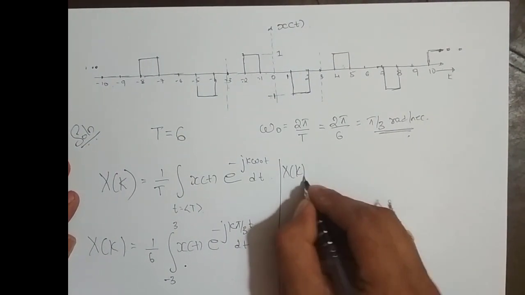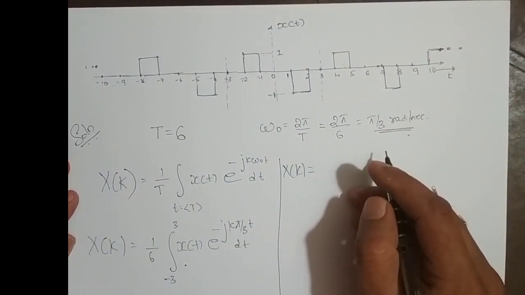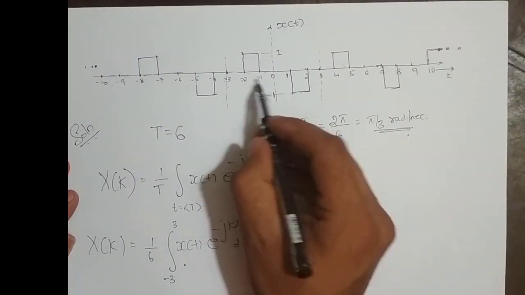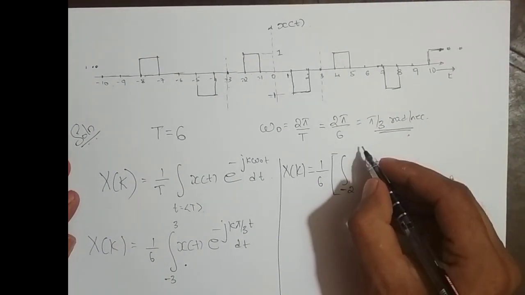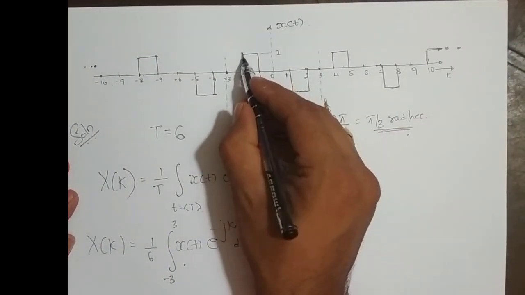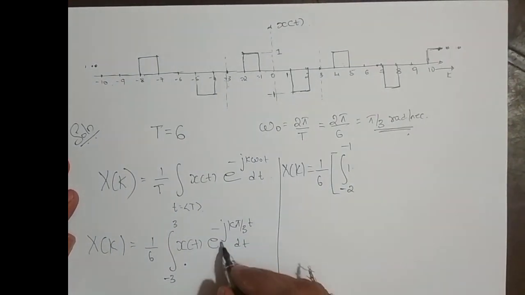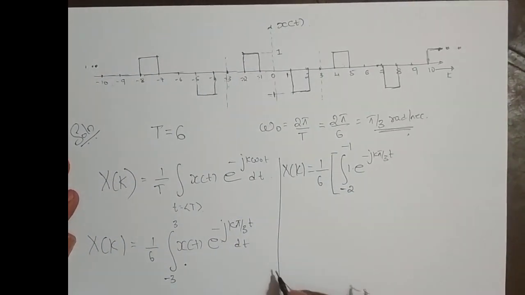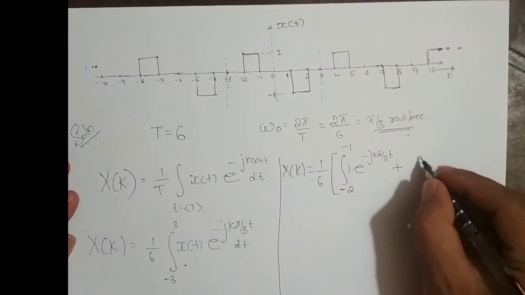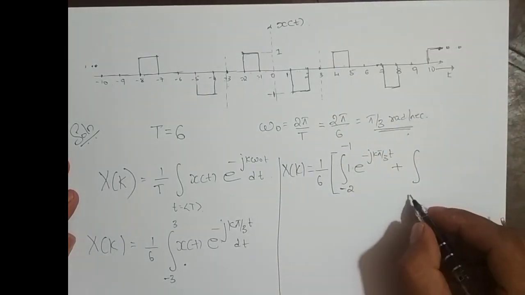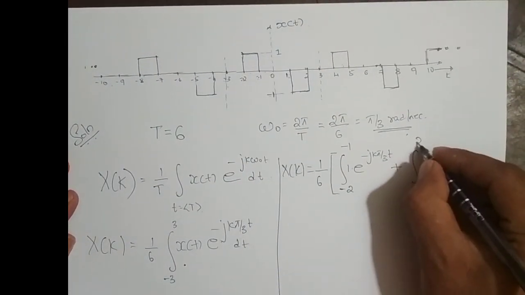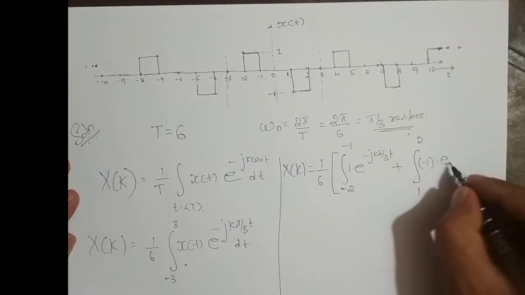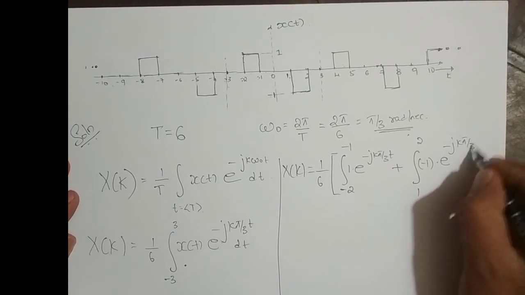So X of k is equal to 1 by 6. I'll put out, integrating from where to where? Minus 2 to minus 1. What is the amplitude? It is 1. So 1 times, what is the rest of the equation? e power minus j k pi by 3 t. This is the first integration, plus integrating from 1 to 2, it is minus 1, so minus 1 into e power minus j k pi by 3 t dt.